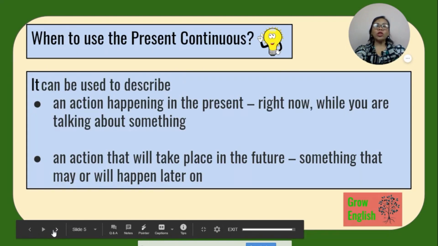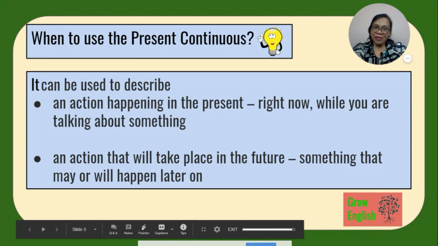Now, when do we use the present continuous? Now, we have here, number one, for an action happening in the present. What do I mean by present? Right now, while you are talking about something. Okay, so you use this when you are talking about something, like right now, what am I doing? I am talking.